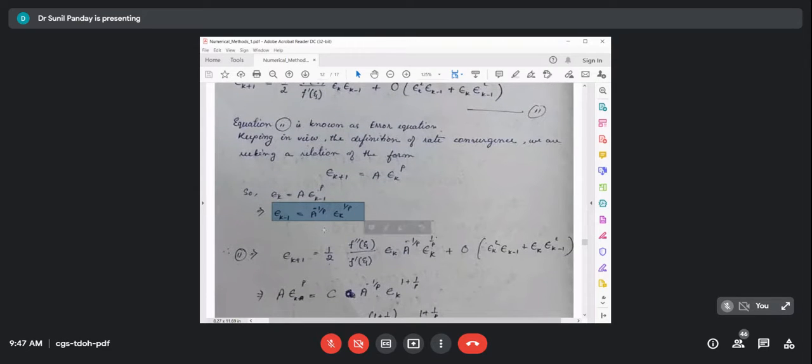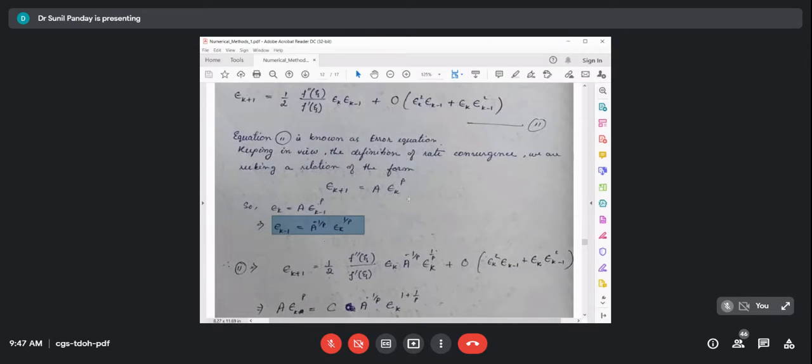So now in equation number 11, in this part only, because this is the deciding factor, we keep epsilon k as it is, because we want epsilon k plus 1 equal to some constant into epsilon k raised to power p, and this epsilon k minus 1 we replace by a raised to power minus 1 upon p and epsilon k raised to power 1 upon p.